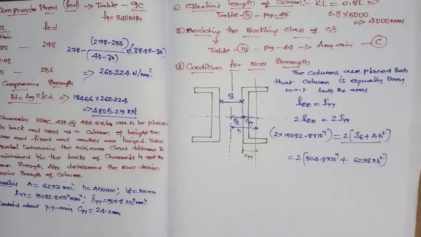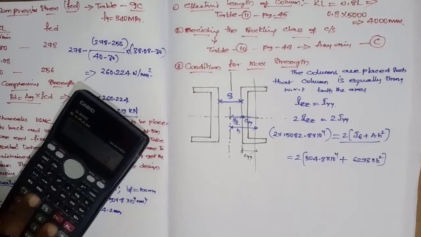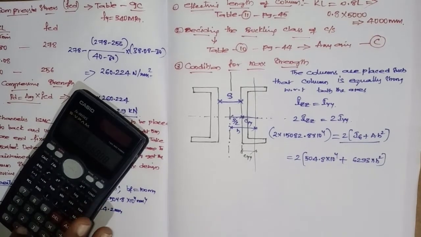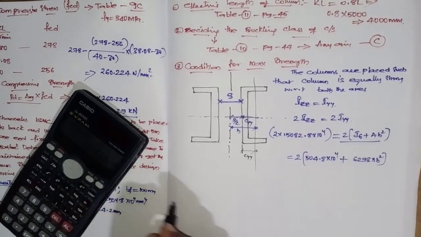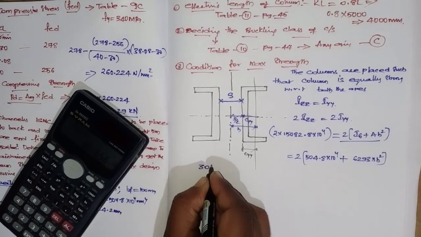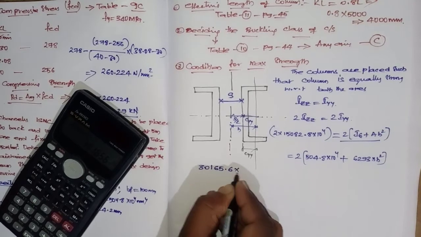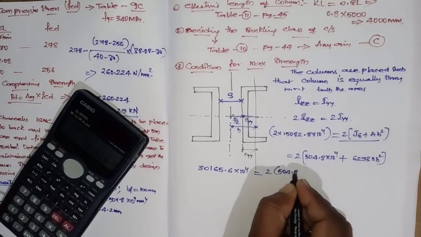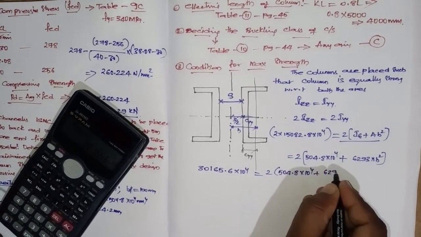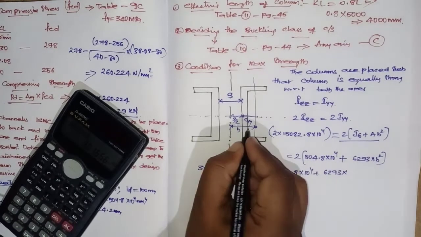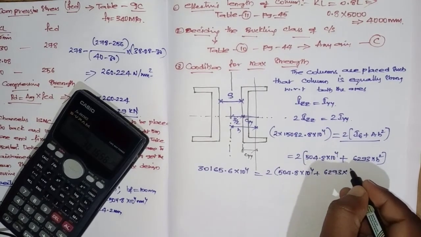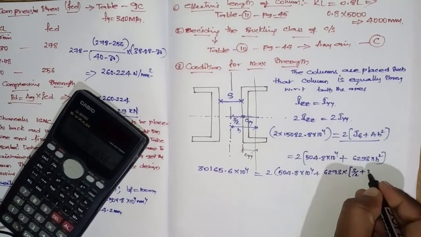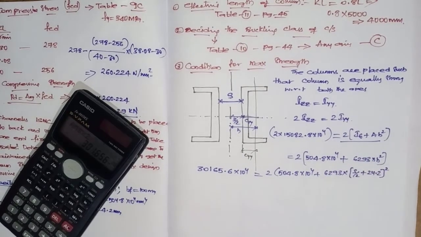I solve here. 15082.8 into 10 power 4 into 2, so 30165.6 into 10 power 4 equals 2 into 504.8 into 10 power 4 plus 6293 into H square, where H is S by 2 plus CYY, 24.2, squared.